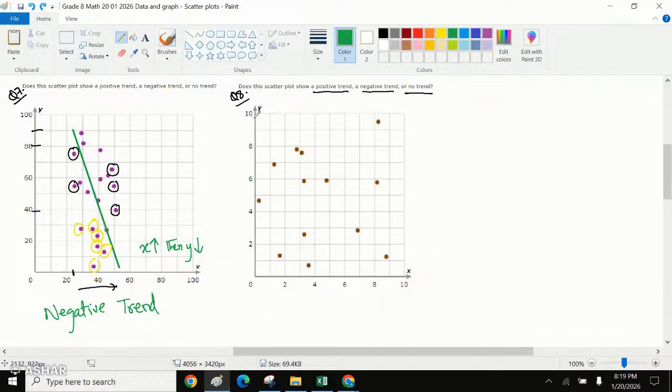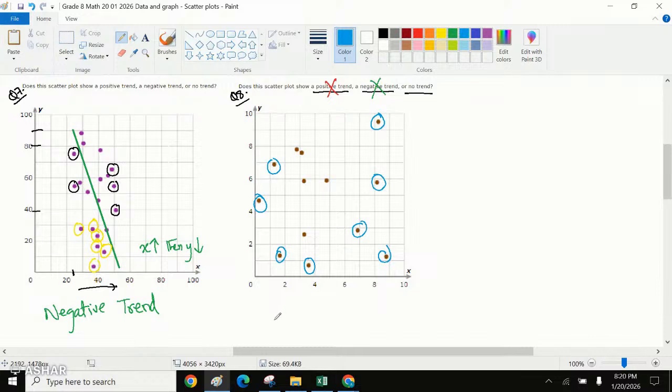Can this be a negative trend? If we draw a line over here, is this point very near to this? The points are scattered all around, right? So it cannot be a negative trend either. Then what trend should it be? It's not positive, not negative, and the points are scattered all around, randomly everywhere.